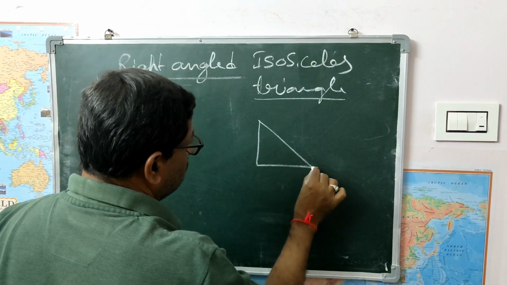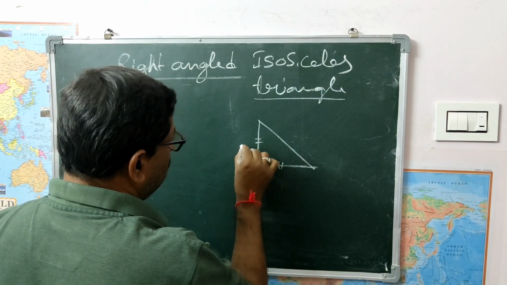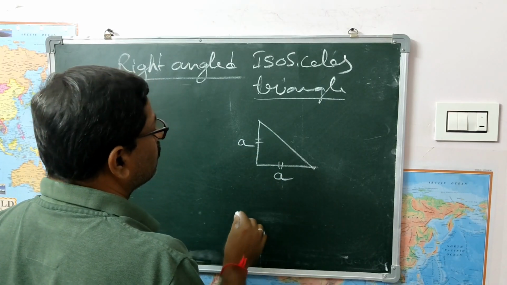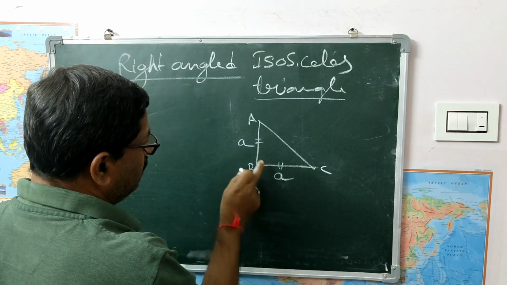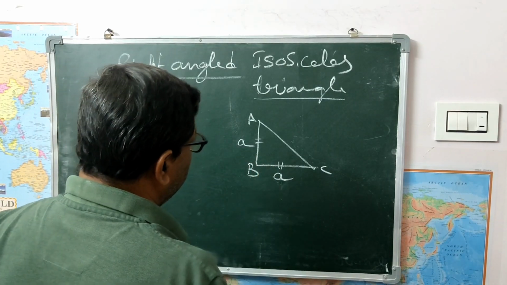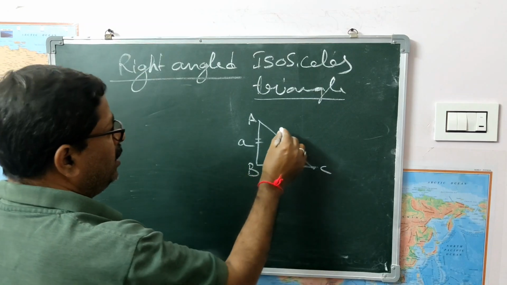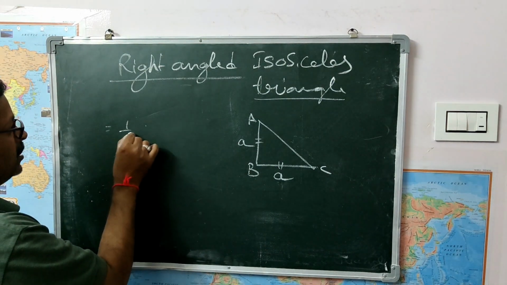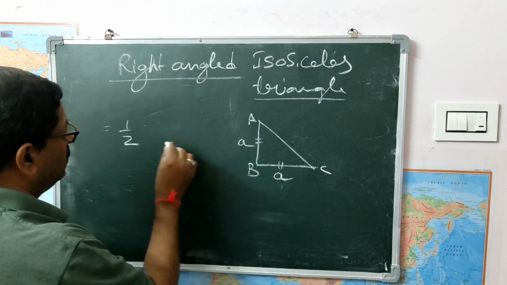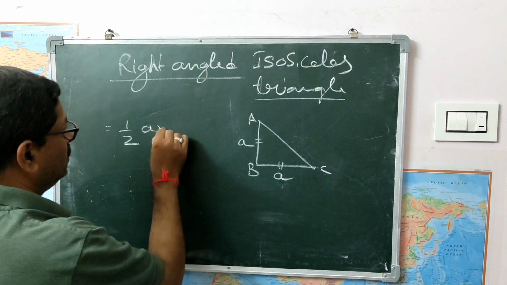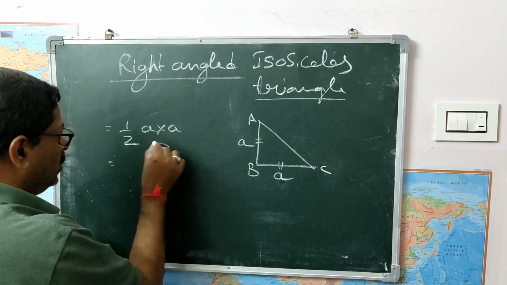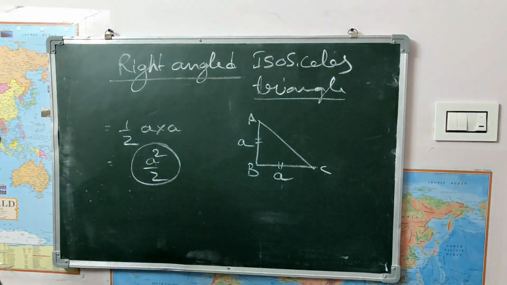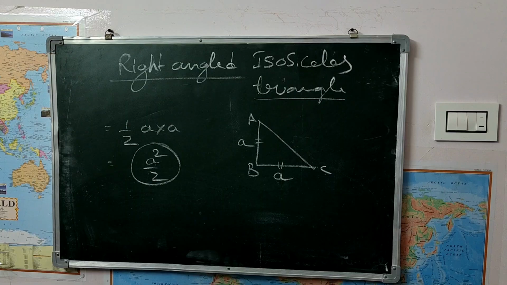The triangle is like this and two sides are equal, and if each one is A, B, C, since these two are equal, we write as A. And its area is half into base into height, half into base, which is the same side A, and height is A. That is what you get, A square by 2. A square by 2 gives the area of the right-angled isosceles triangle.